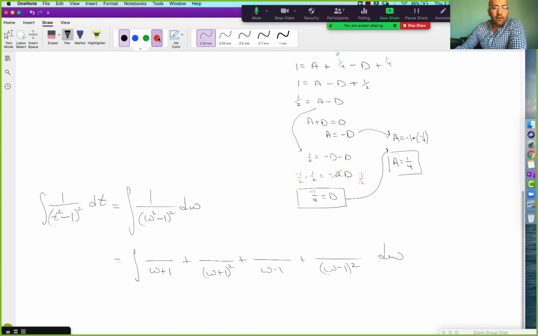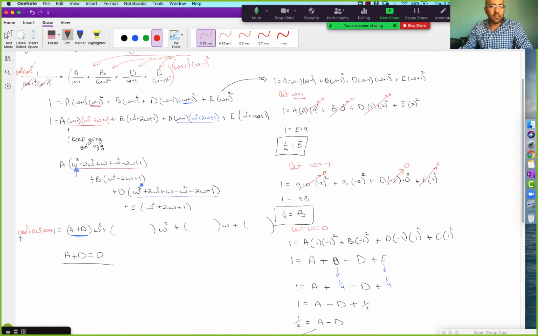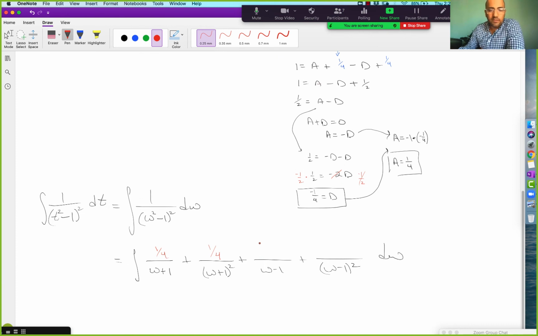And after a lot of work, we saw that this guy is equal to positive 1/4, this guy is equal to positive 1/4. The only one that's negative is d, and d is the one that's over the w minus 1. That's this one. So minus 1/4 and then positive 1/4, like that.